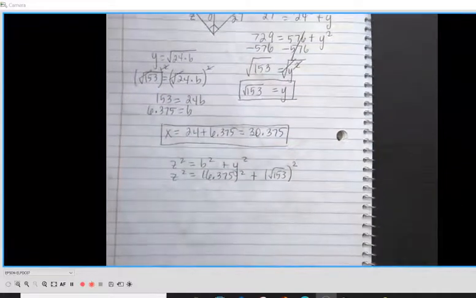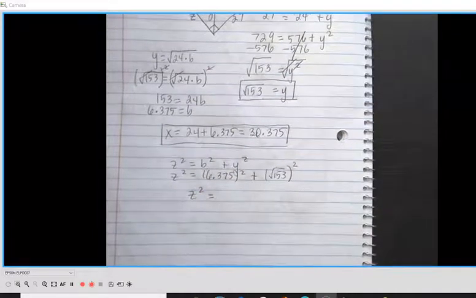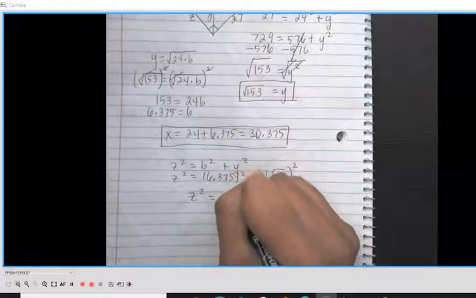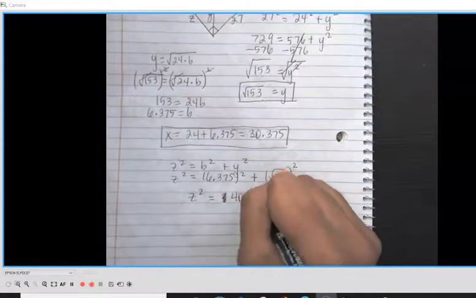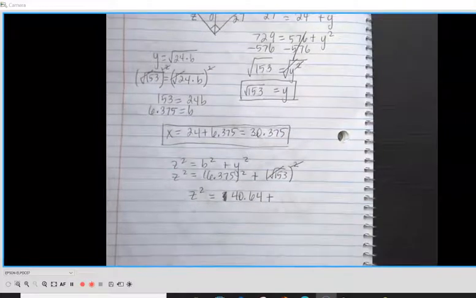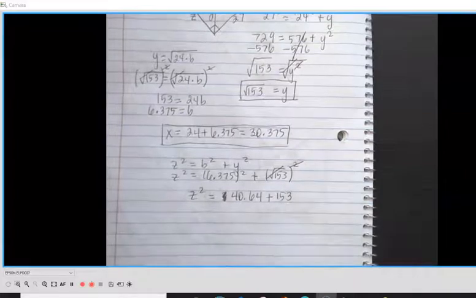Now I'm going to drop down the z squared again. Then I'm going to multiply the 6.375 squared, which is 40.64. And the square root and square are going to cancel out, so this is 153. I'm going to add those two values together: 153 plus 40.64.